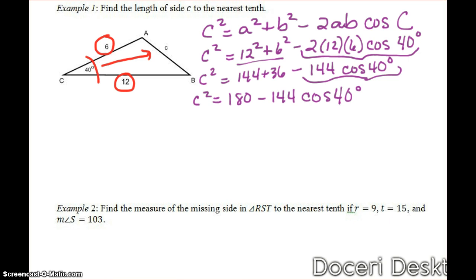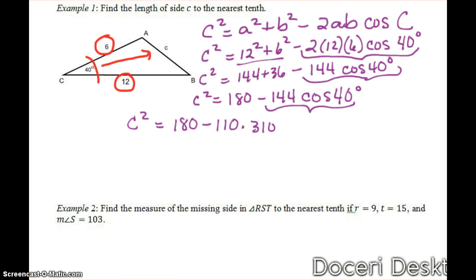And then I'm going to simplify this part of it and multiply 144 times the cosine of 40. And when I do this, I want to go out several decimal places with my answer. So now I have c squared equals 180 minus 144 times the cosine of 40 is 110 point, and I'm going to go out like 4 decimal places.